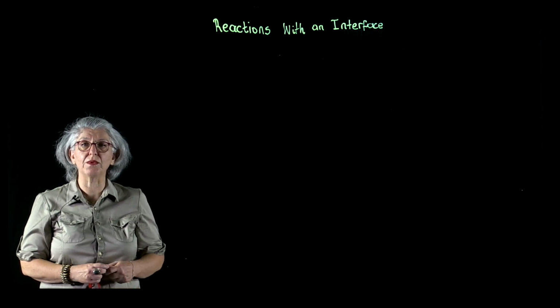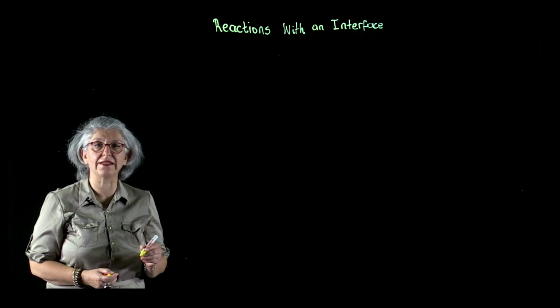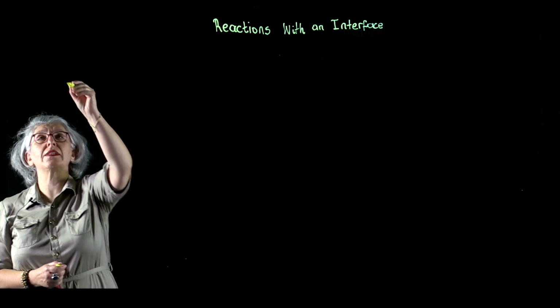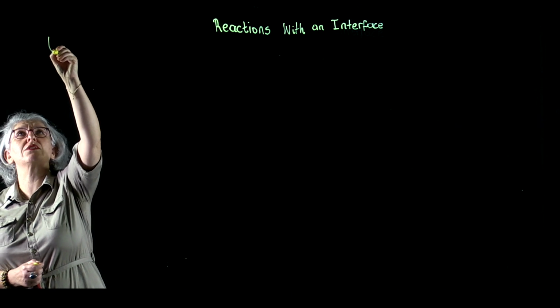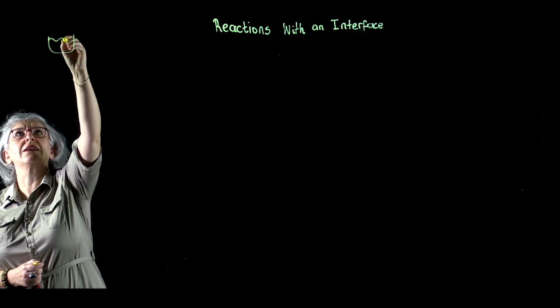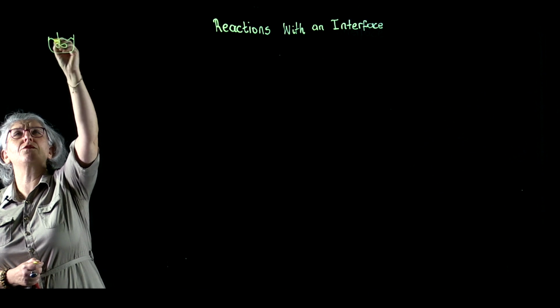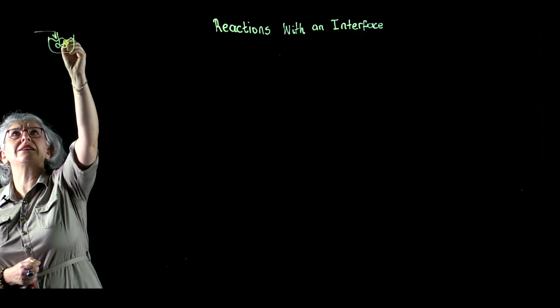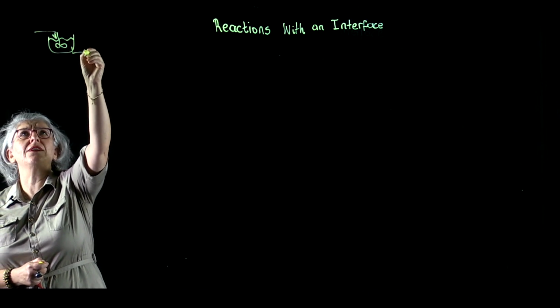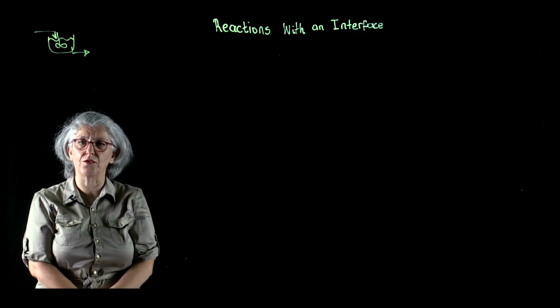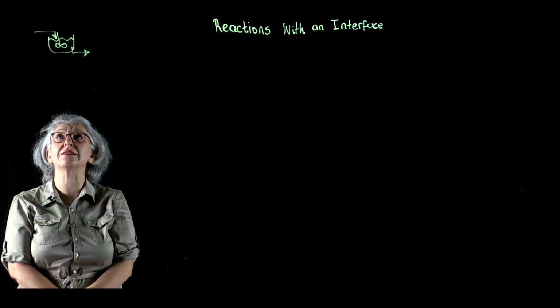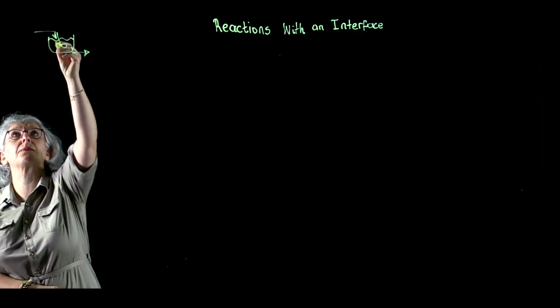So let's start with our former examples of a perfectly mixed continuously stirred tank reactor, where our fluids entered and left, and everything was uniform, including temperature and the concentrations of all the species.